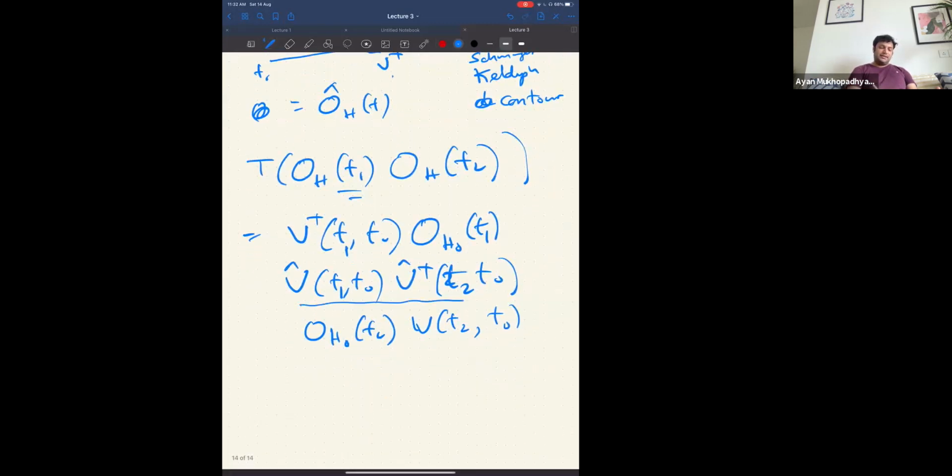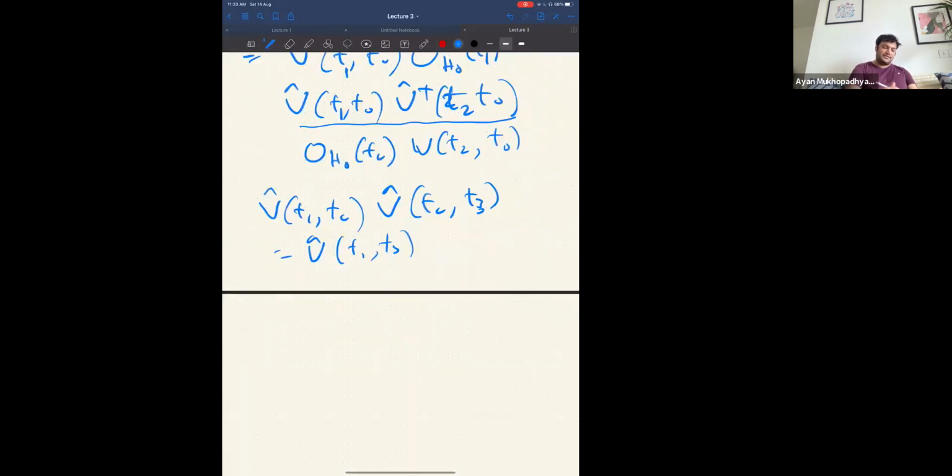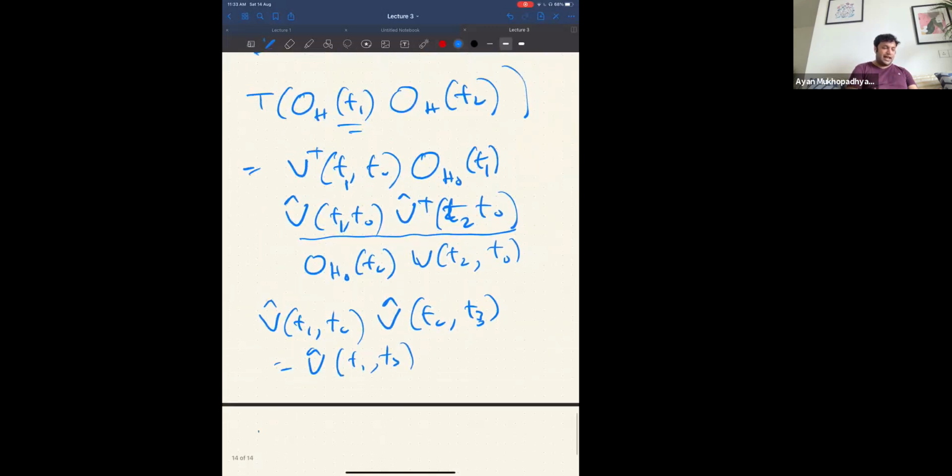But you see, I can combine these two in a nice way. First of all, it's easy to see that V(t1, t2) times V(t2, t3) is also equal to V(t1, t3). Let us see why it is so. Because V(t1, t2) is nothing but U dagger U tilde.